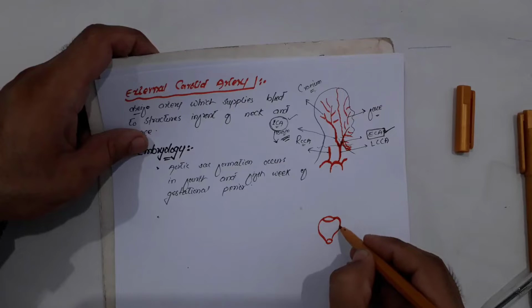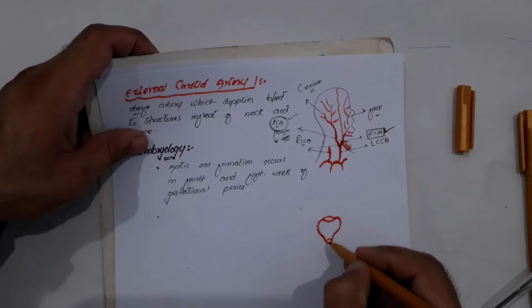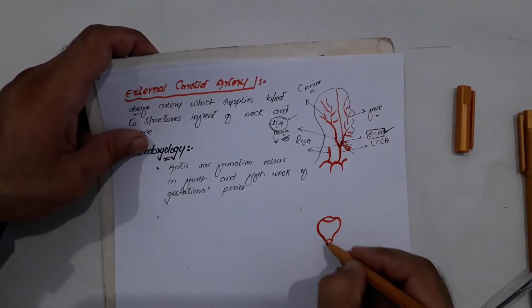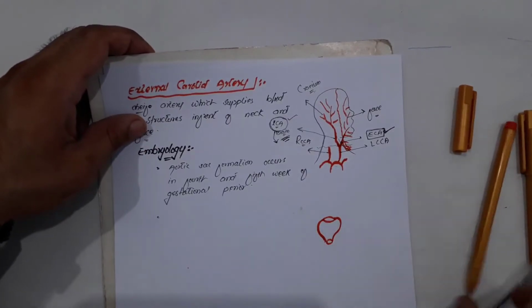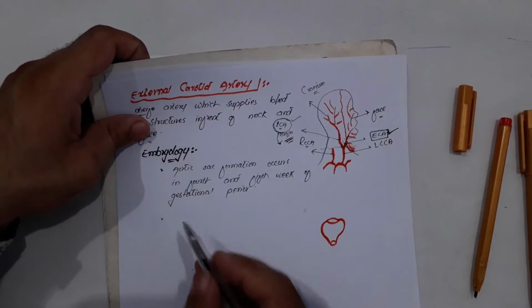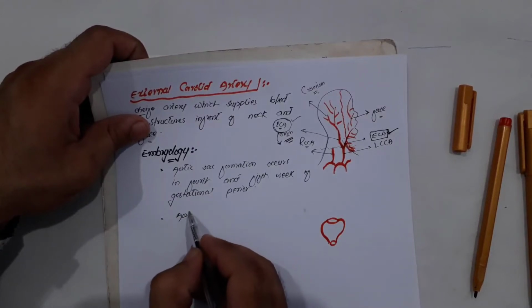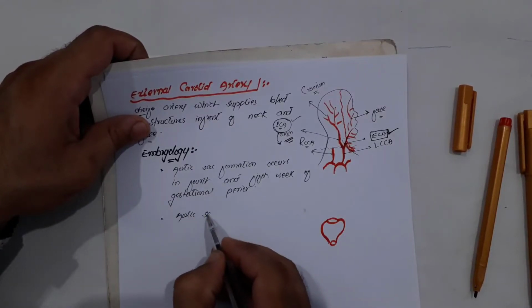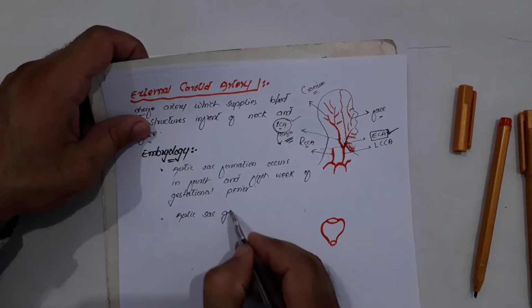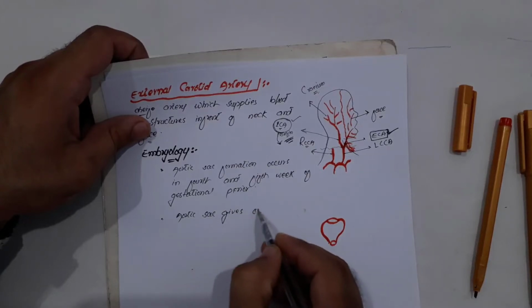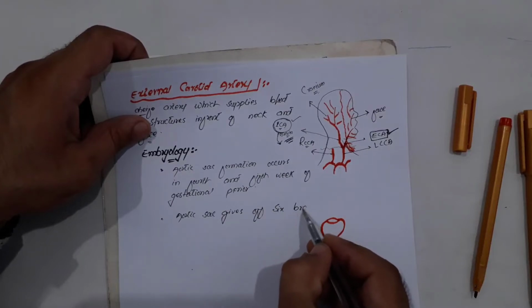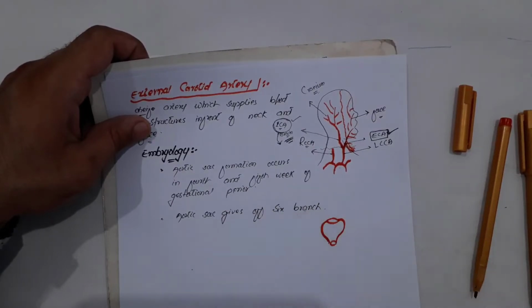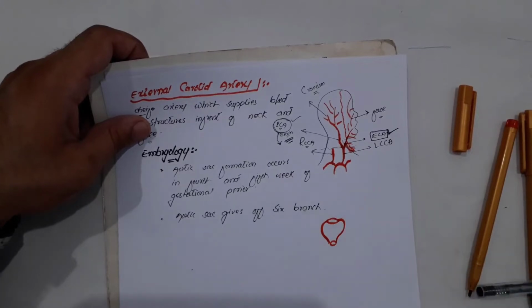From this aortic sac, 6 branches arise. The aortic sac gives off 6 branches. This is on the anterior side.